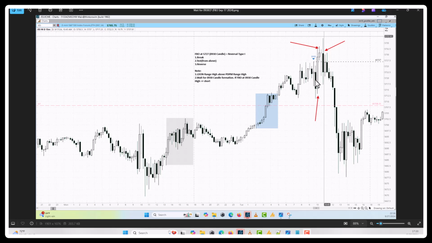So when the 9:30 forms, we just mark the high and wait for the 4 breakout setup forming, and it's exactly what happened. It's the type 1 right there. So you have break, test from below, and then boom, it's gonna reverse.